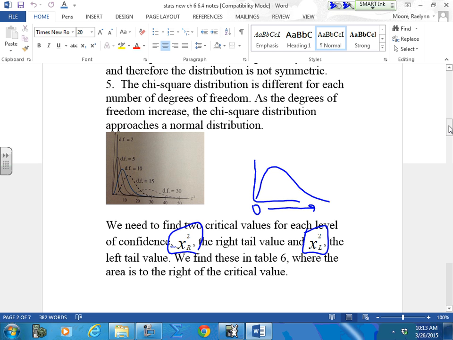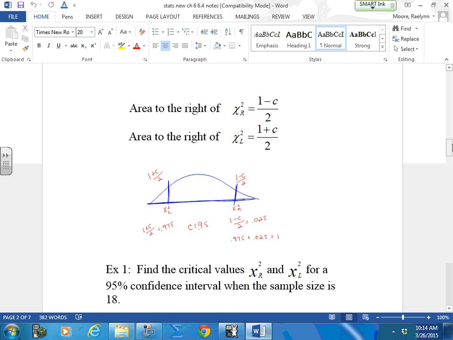We're going to find those values in your table 6. Okay? And we're going to work off of those. It's really not that bad. It looks much worse than it is. But you have to remember the one thing. This is the area to the right. Area to the right.